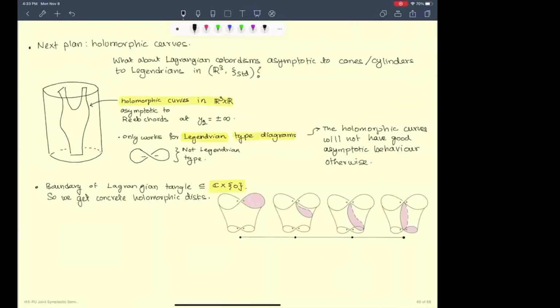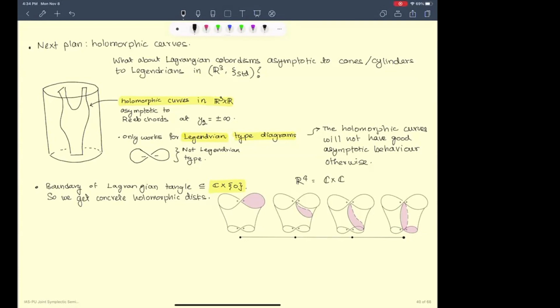Okay. But my Lagrangian tangles have boundaries sitting in copies of R2. If I look at R4 as C cross C, then these R2s are standard complex planes, right? And any disk that you can see, and we've been coloring all this time, all of those are holomorphic disks because of uniformization. So then we can ask, what happens if we take one of these and let them move in R4?